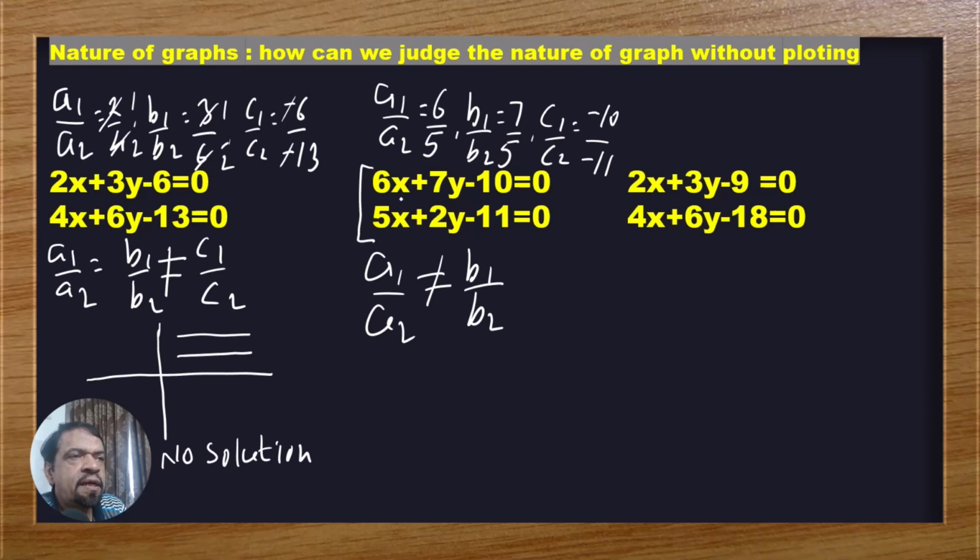If you get the result here, a1 upon a2 is 6 upon 5, b1 upon b2 is 7 upon 5, not equal. In this situation, the graphs will intersect each other, which means one unique solution. The algebraic conclusion is if a1 upon a2 is not equal to b1 upon b2, then you will get one solution, which we call the unique solution.